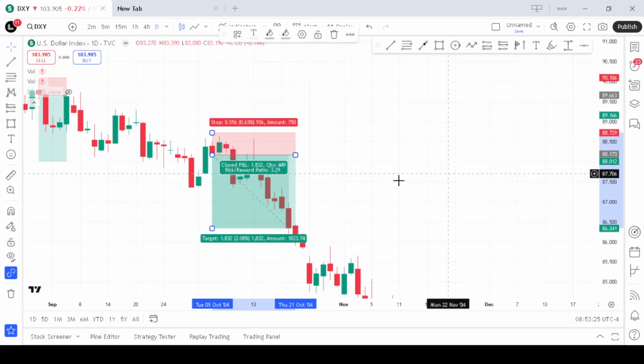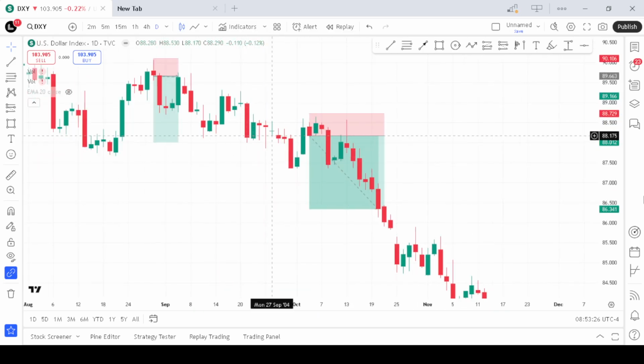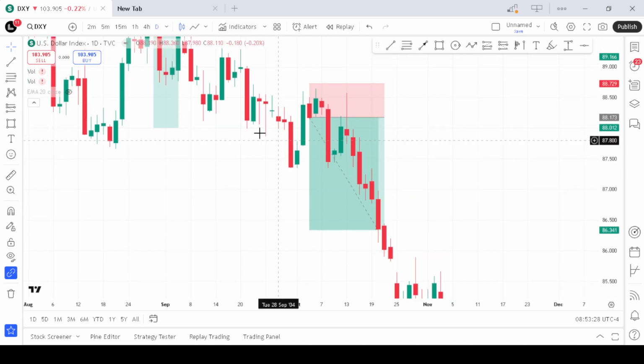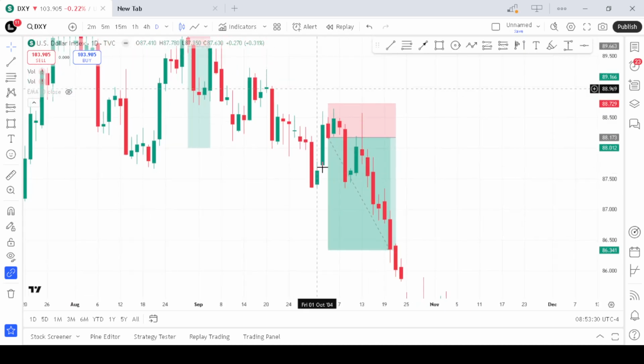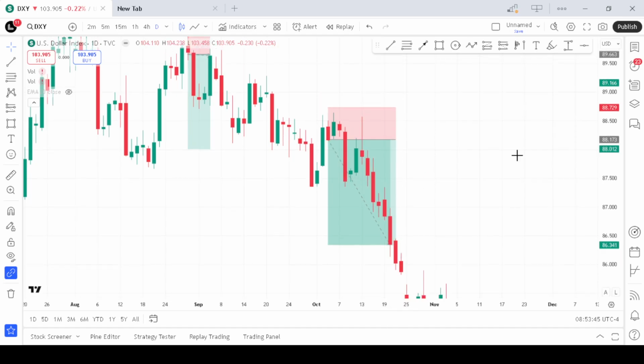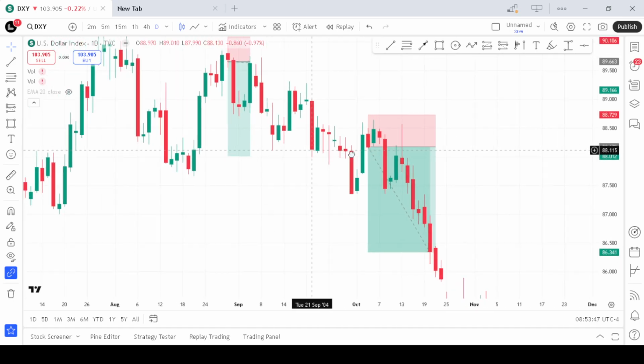But one bad thing about this setup is that it wasn't in an uptrend. So that means this pattern is invalid because the market was not trading in an upward direction before we decided to take this trade. So the trend before the reversal has invalidated this setup.